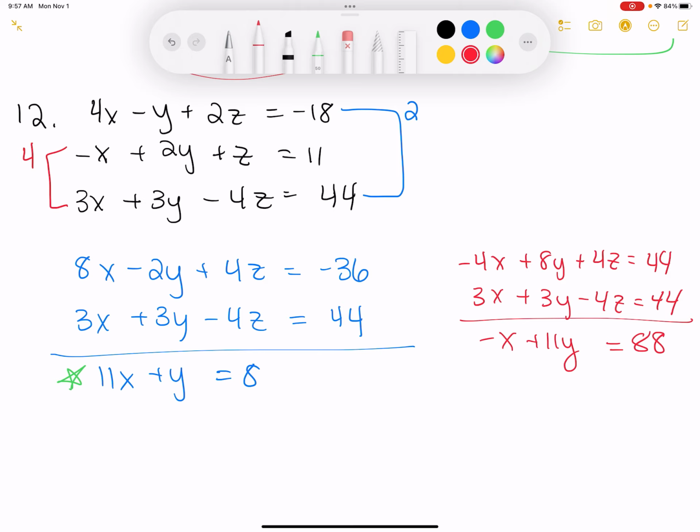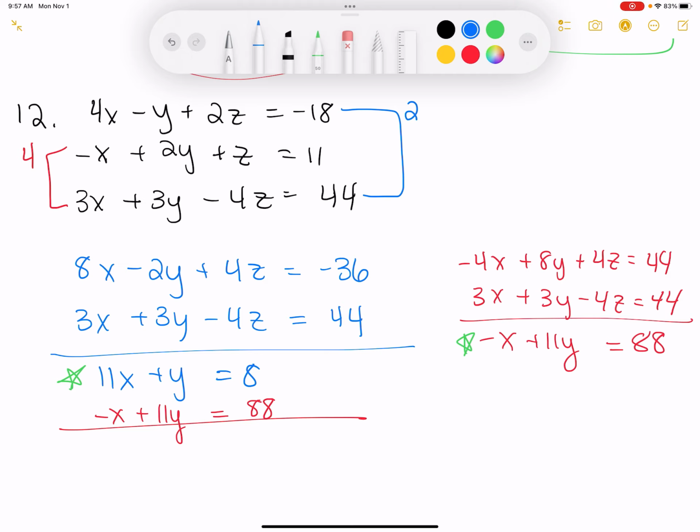So now I can come down here and stack them together. I have negative x plus 11y is equal to 88. Okay, but what do I need to do? I can't do that yet.